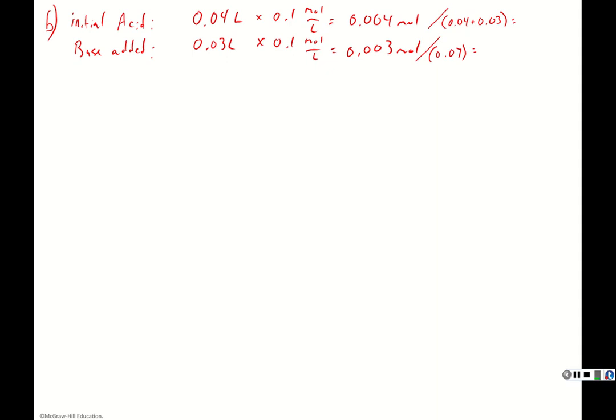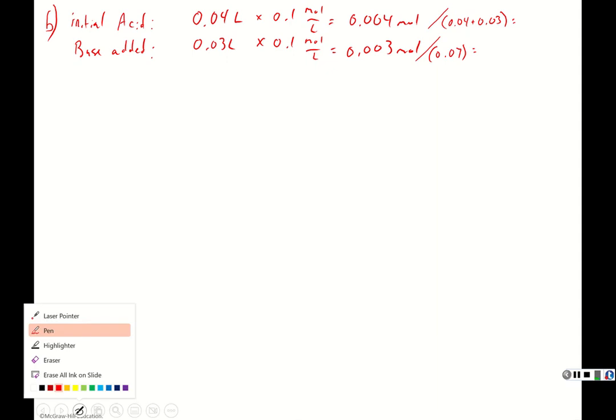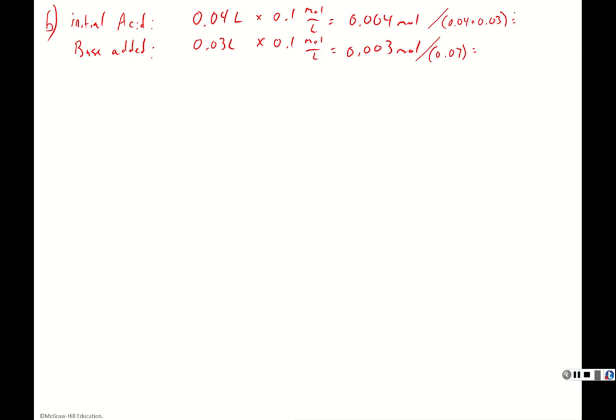So our concentrations here, I'll write those in blue. So for acid, the concentration would be 0.057.